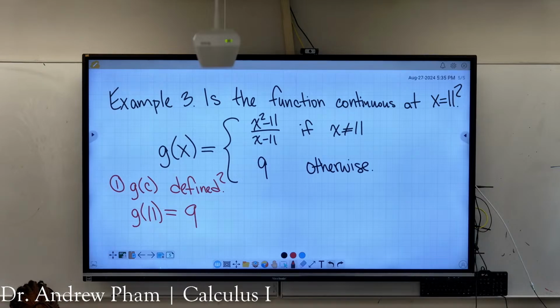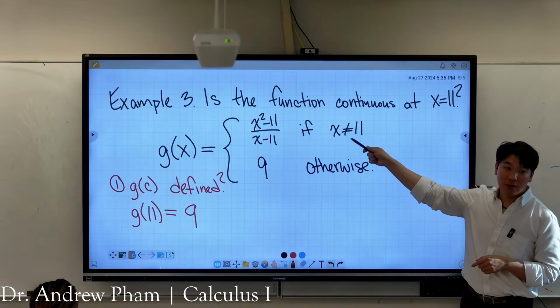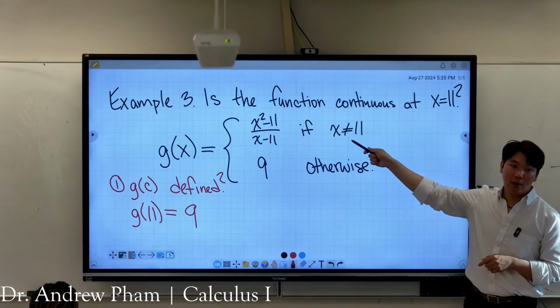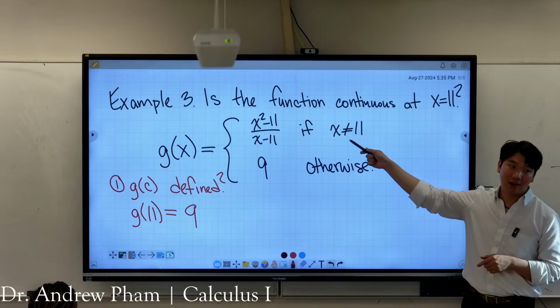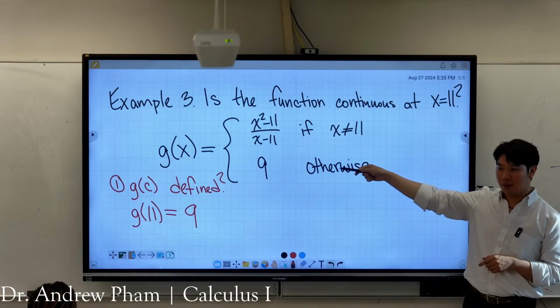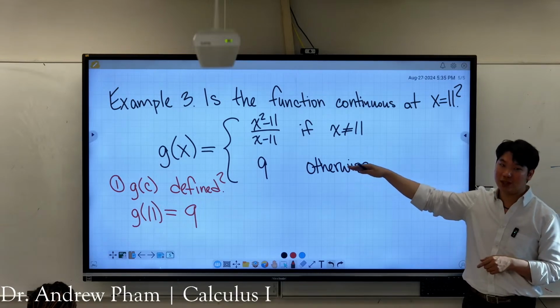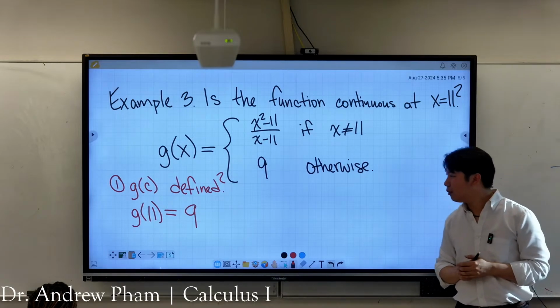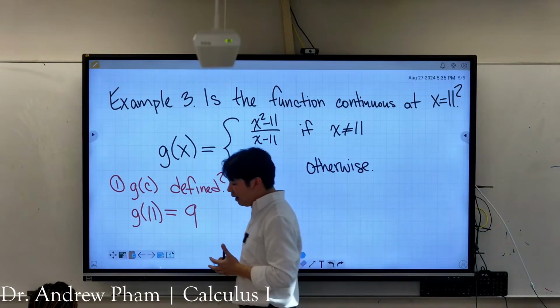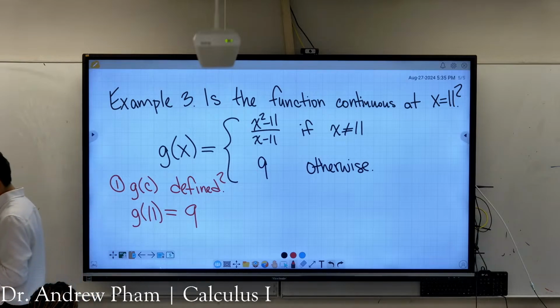If x is 11, I can't use this top, since it says use it only if x is not 11. So my only scenario is to use the bottom portion here. So is 9 a real number? For sure. It's defined. My first condition is done.